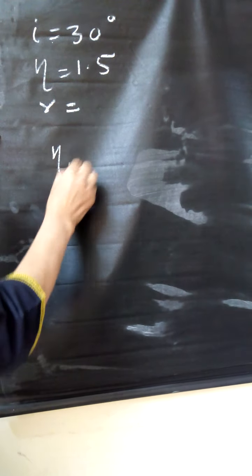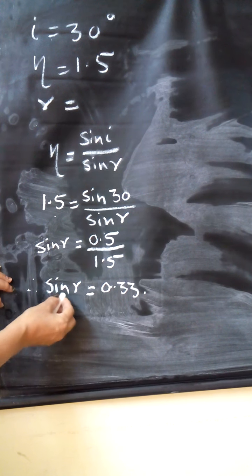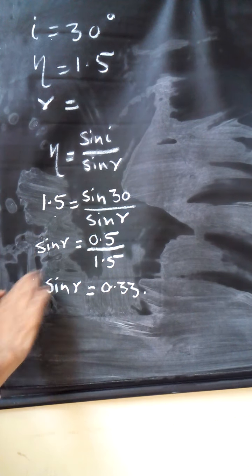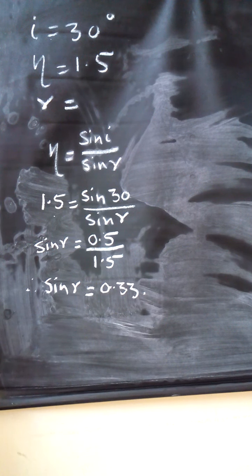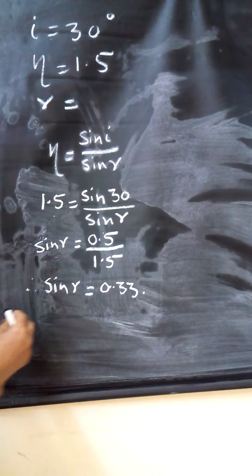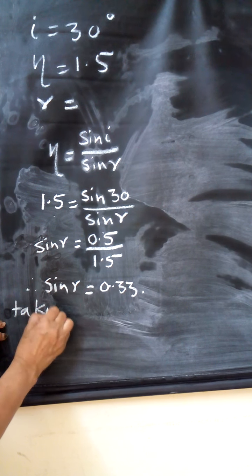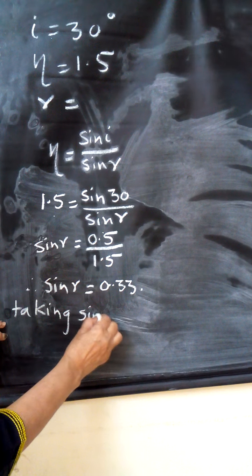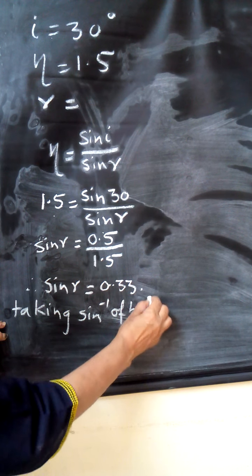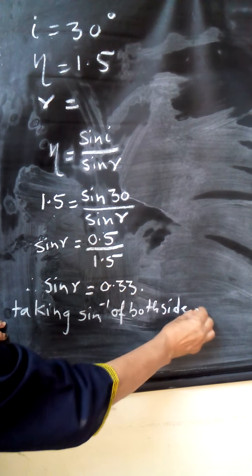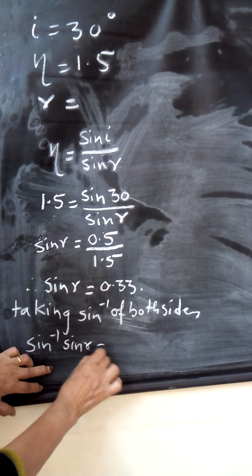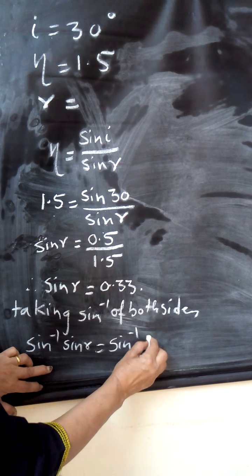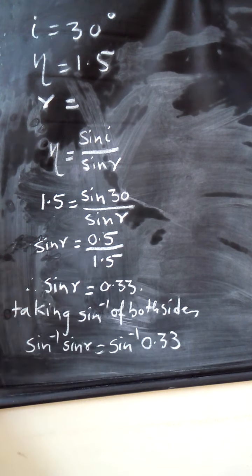To calculate the value of R, we have to remove this sine sign. So how do we remove this sign? By taking sine inverse of both the sides. You can use your calculator, the shift button and sine, to get sine inverse. So now, taking sine inverse of both sides, sine inverse of sine R is equal to sine inverse of 0.33.